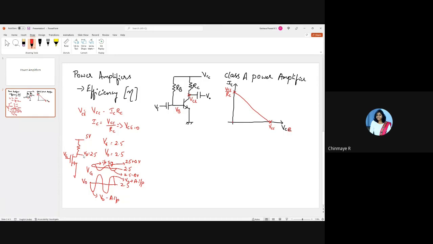So now here at this point, the maximum voltage that this can take is 5. The minimum voltage that this can take is 0, theoretically. So if I keep this voltage here at 2.5, I get the maximum swing, plus 2.5 on top and minus 2.5 below, theoretically. Do you understand this?